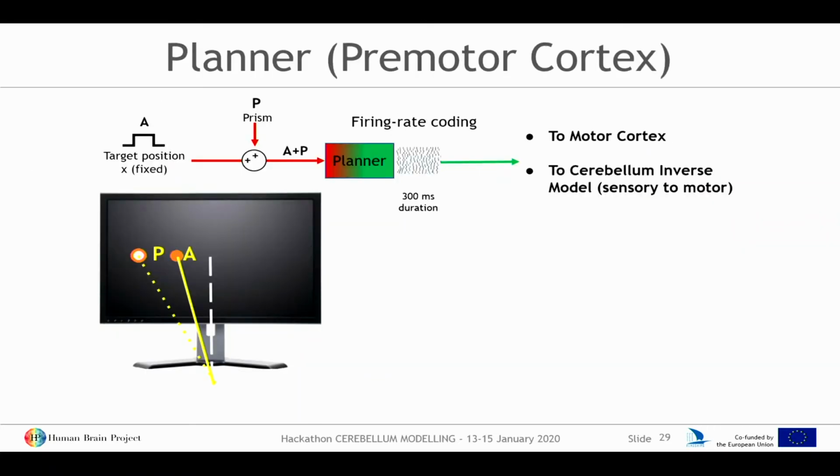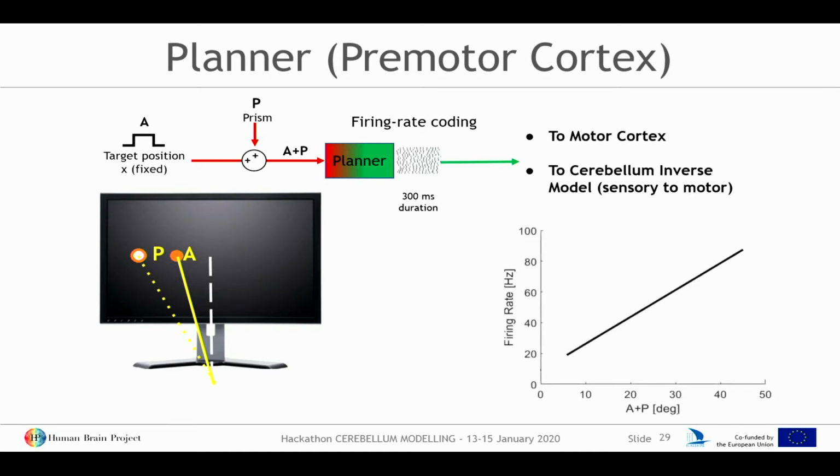So the planner, which can be seen as the premotor cortex, transforms a desire and intention into a spiking pattern, because we are working with spiking neural networks, that is sent to the motor cortex and to the cerebellum. And this is a firing rate coding of the distance that we need to cover, let's say.